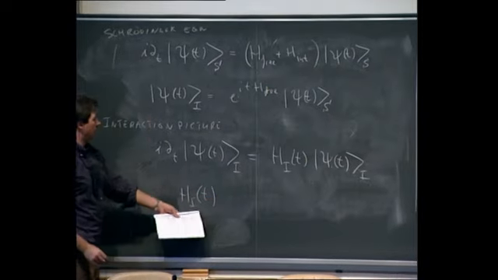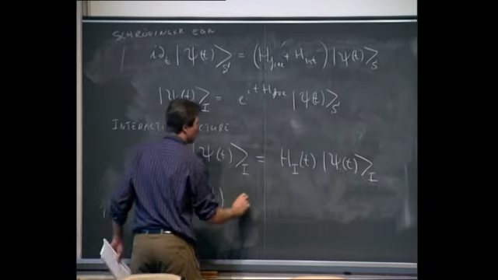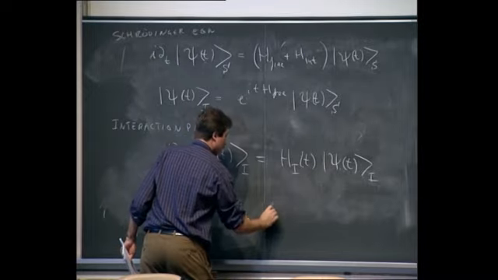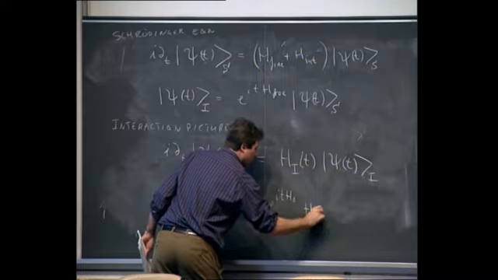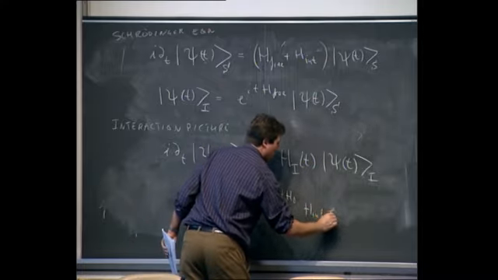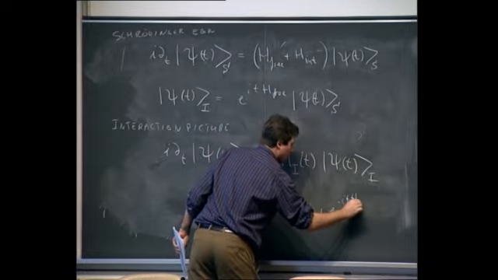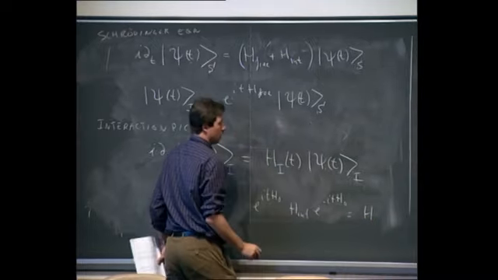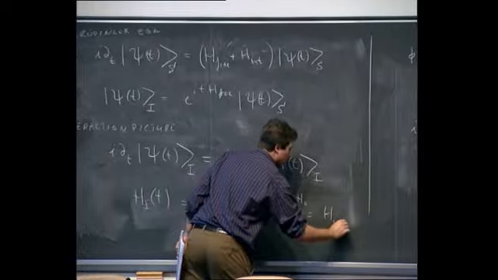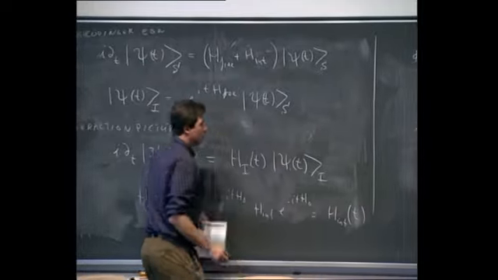Actually, this interaction Hamiltonian is not exactly equal to the interaction I had over there. It is actually the evolution of that interaction Hamiltonian, which you can think of as being just the same interaction Hamiltonian, but now evaluated at a certain time t.